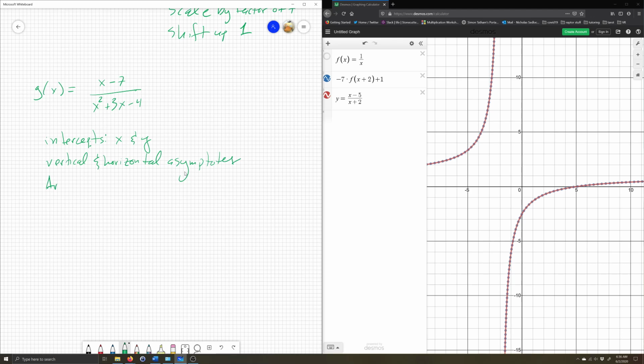I use arrow notation to identify directions at asymptotes. I'm going to use sign analysis to find when the graph is positive, when it's negative, and then I'm going to sketch the graph.